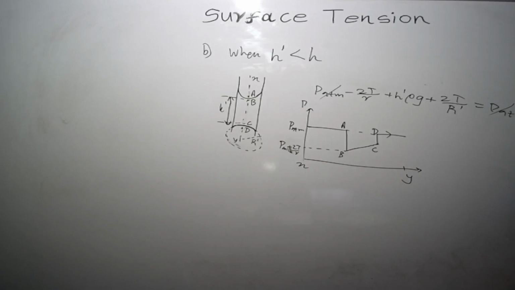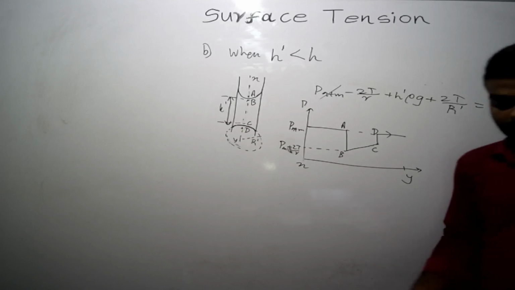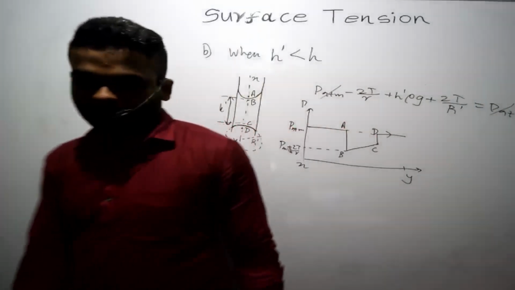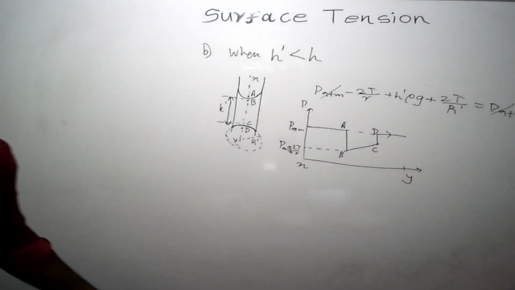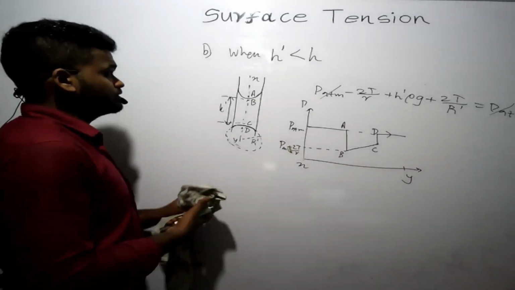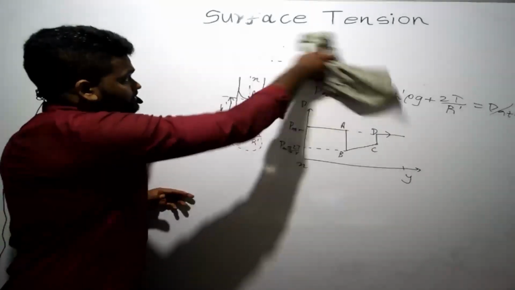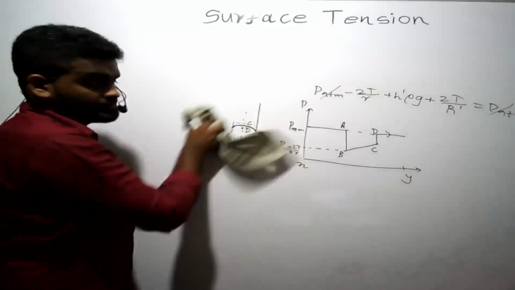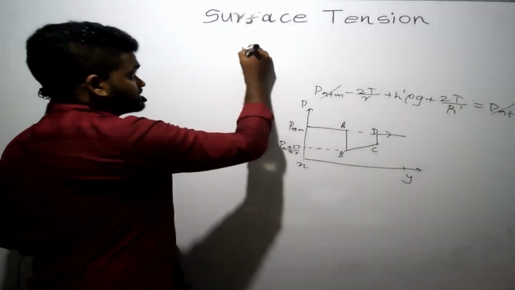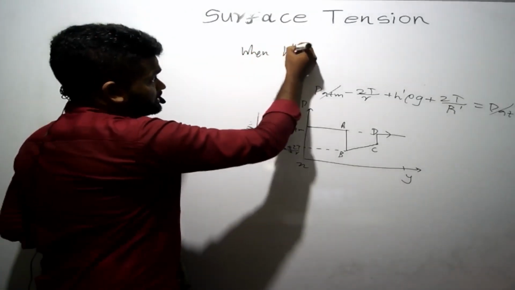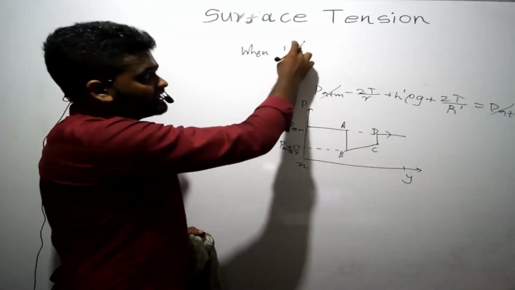Thumbs up if you're done. Then another case, there are two more cases. Write down C. That case is when we fill the tube to H double dash level.